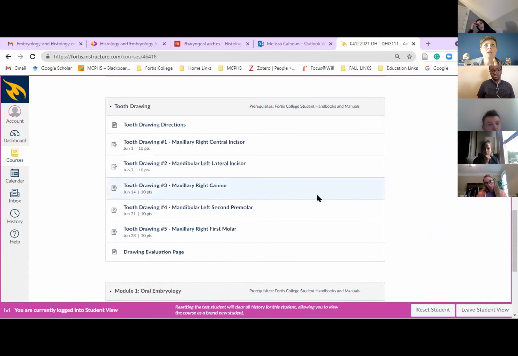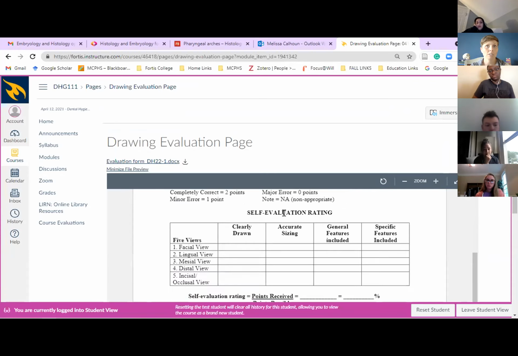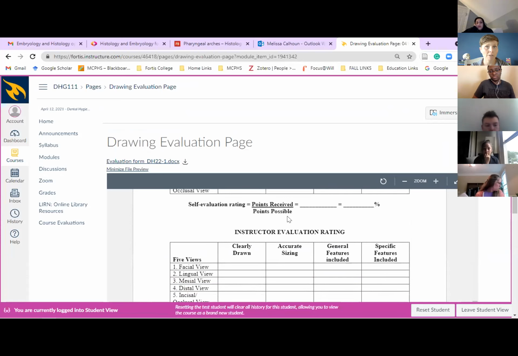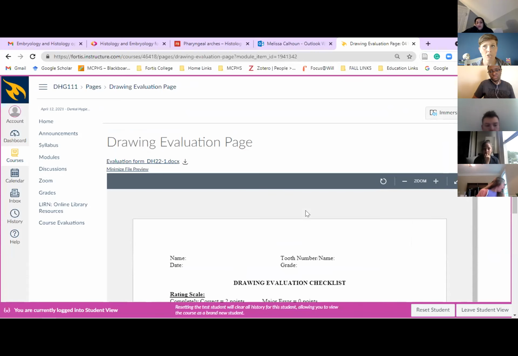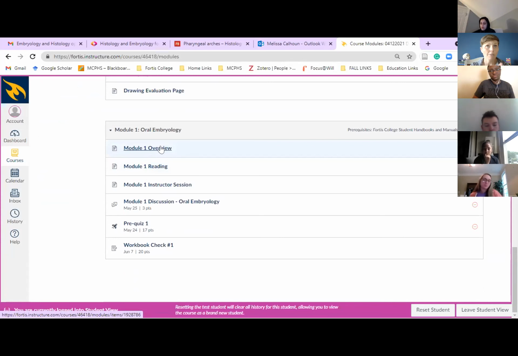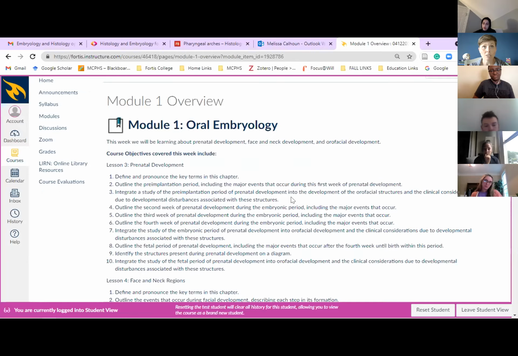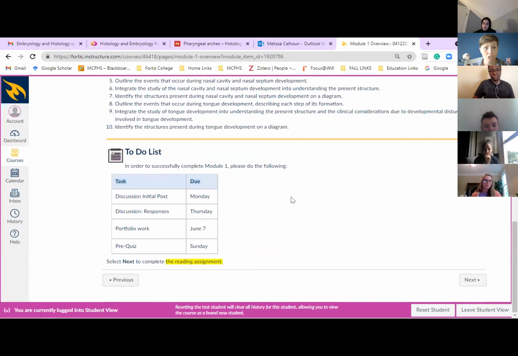First of all, here's your tooth drawing directions if you need them. Tooth drawing evaluation page. If you click on that picture, you'll get the evaluation. So you fill it out and then just upload it with your pictures, okay? Go back to modules. If you go to week 1 overview, because week 2 should have opened today, it has all your objectives, and then it has your to-do list for what is due.